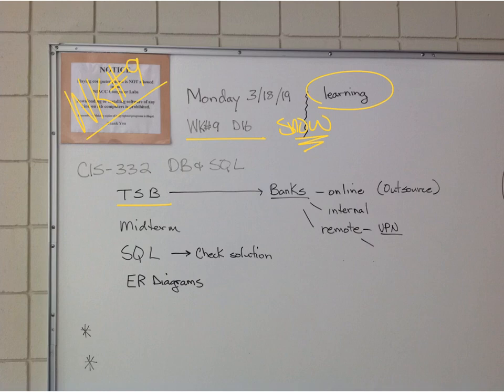We started off today talking a little bit about learning. Tatanka Savings Bank. We talked a little bit about banks there. I'm looking for an intern this term and maybe this summer. So there are some opportunities there. You need to contact me. Then we talked about banking, their online services, maybe outsource some of that. Internally, they have lots of servers and so forth.